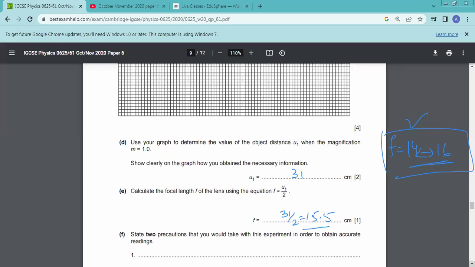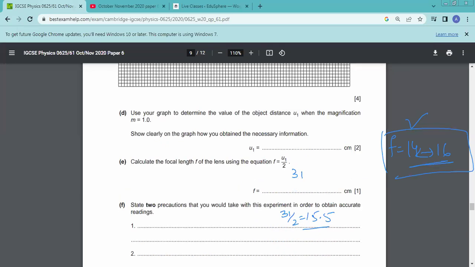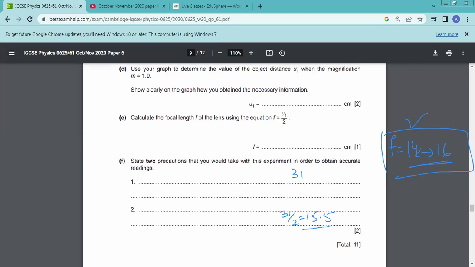Now moving on to the last part, F, where they say to state 2 precautions that you would take with this experiment in order to obtain accuracy.